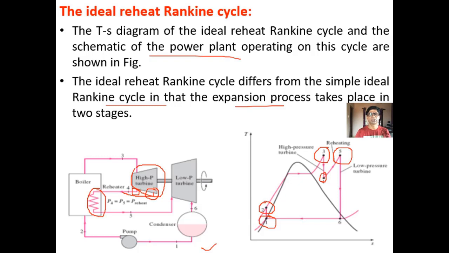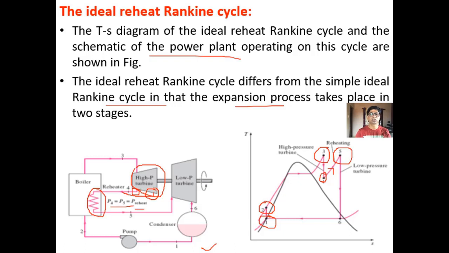Now if it is a perfect reheating, then T3 will be equal to T5, or sometimes the temperature may be less than T3 also. So this is 4 to 5, and this is called reheating. Reheating takes place at constant pressure. So P4 is equal to P5 is equal to the reheat pressure.